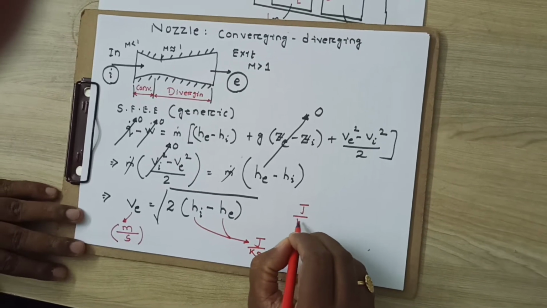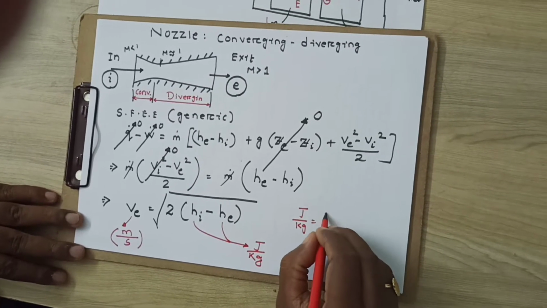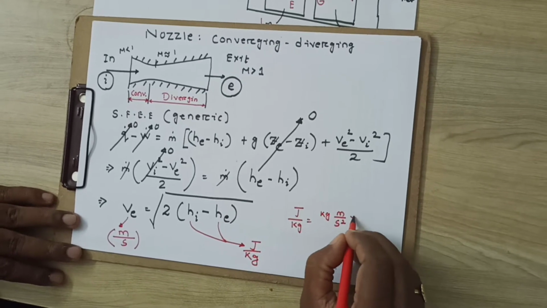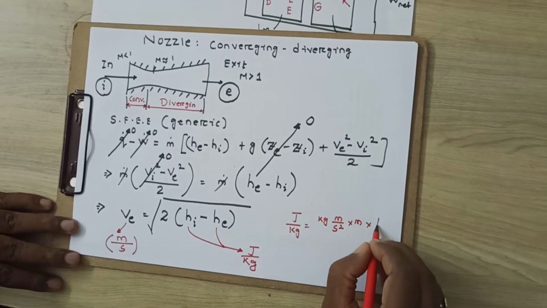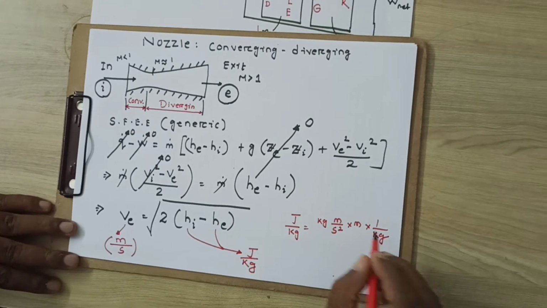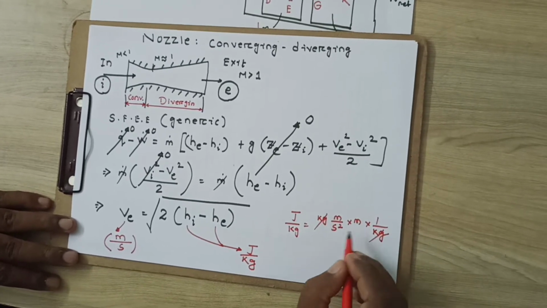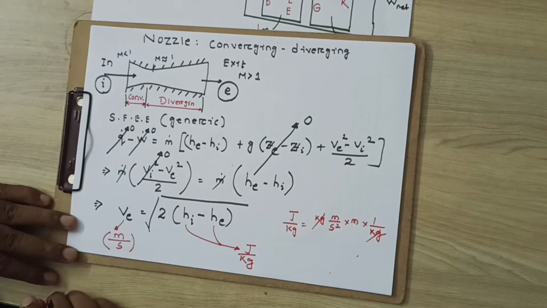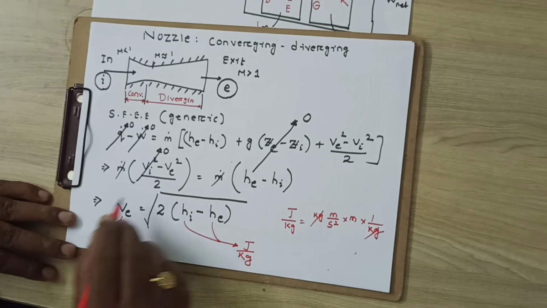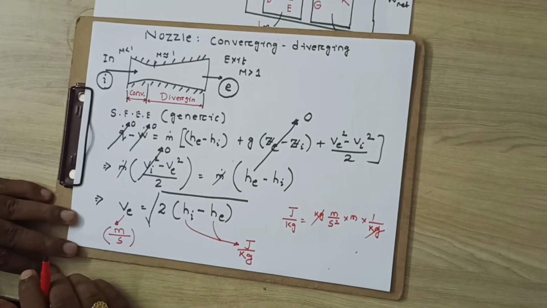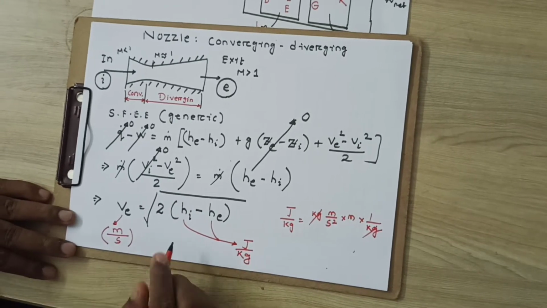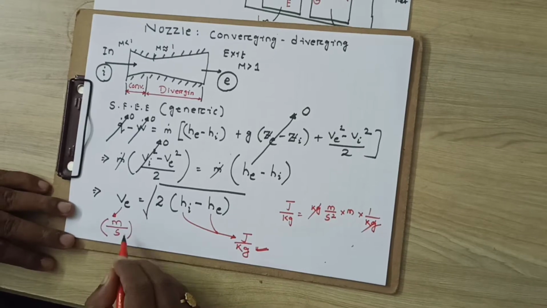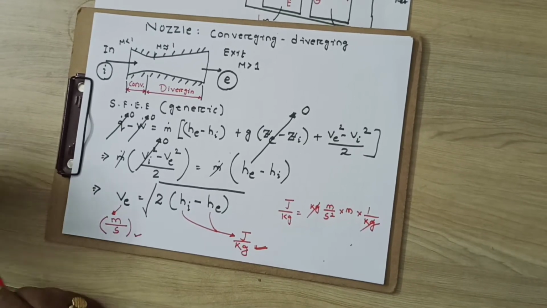Joule per kg can be expressed as Newton meter, that is kg times meter per second squared times meter, into 1 upon kg. So kg cancels out, and this is meter squared per second squared. The square root of this will be meter per second. So whenever you use the steady flow energy equation for a nozzle, the enthalpy must be in joule per kg, the base units, and you will get velocity in meter per second.